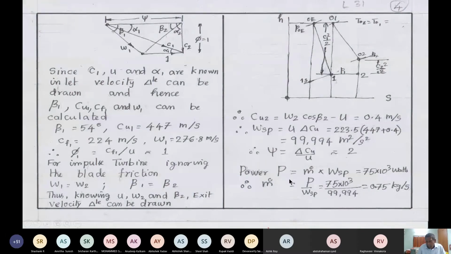And for specific work, I gave the Euler equation, it is equal to delta U Cu. So these 3 equations are the most important. So we find that this power is given as 75 kilowatts. So mass flow rate comes to 0.75 kg per second. Okay. Next we see another one.